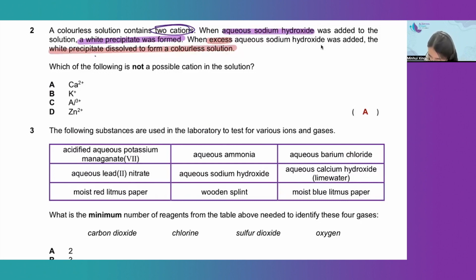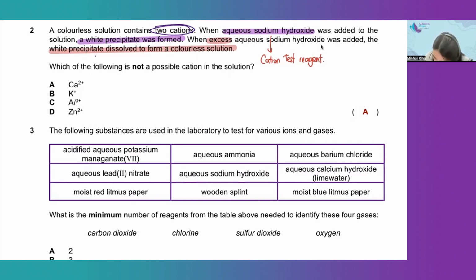So first we need to identify that aqueous sodium hydroxide is a reagent to test for the cations. And we can see from the given information, one of the cations in the solution forms a white precipitate, and the white precipitate dissolved to form a colorless solution in excess sodium hydroxide.